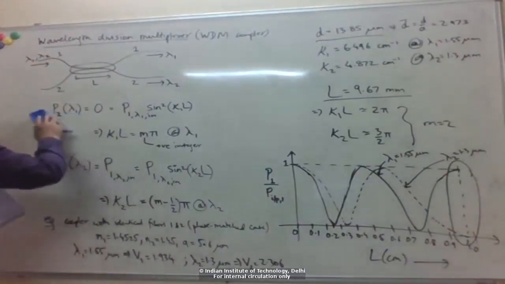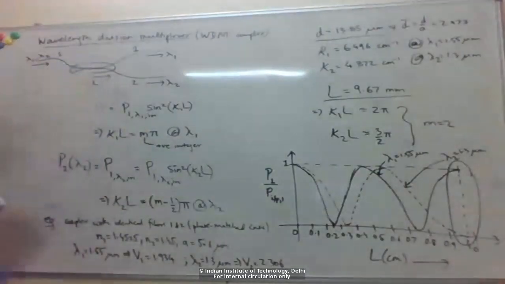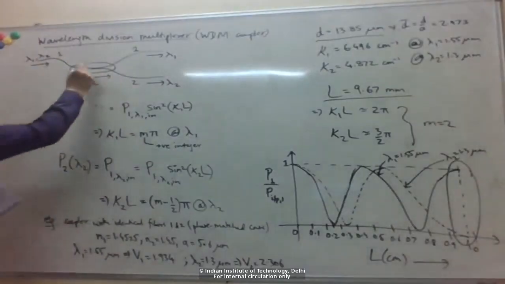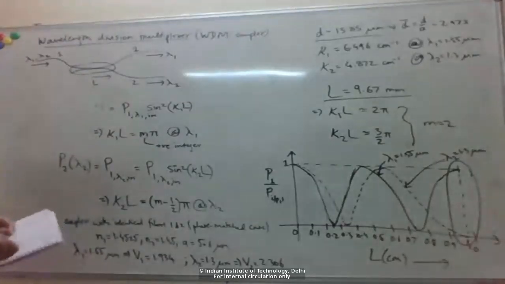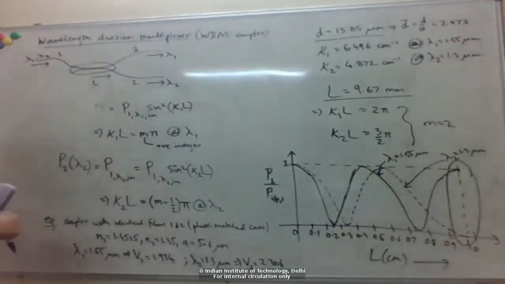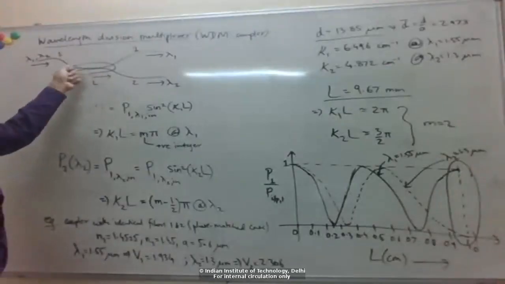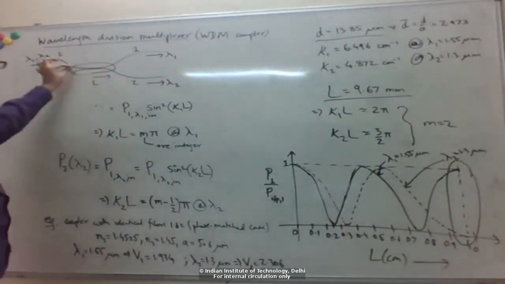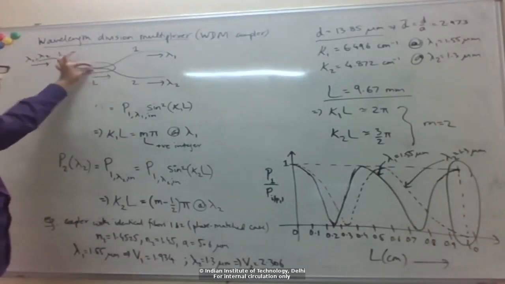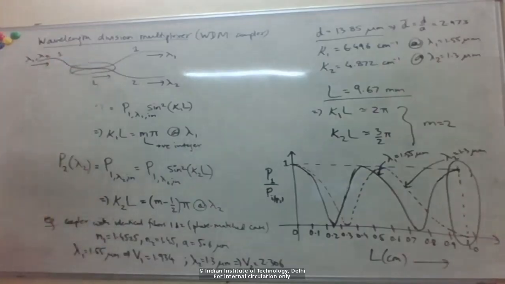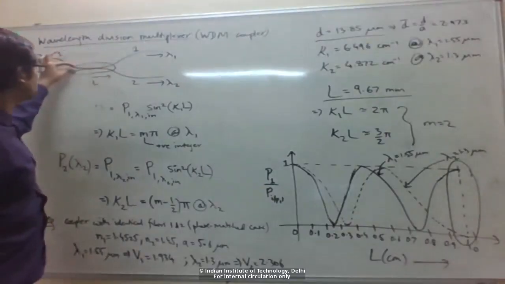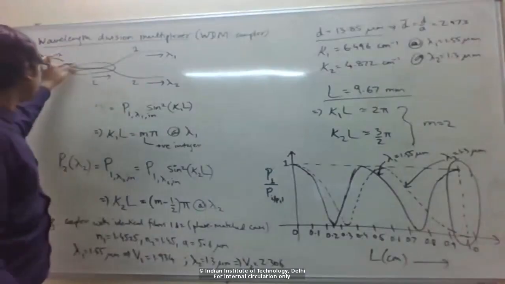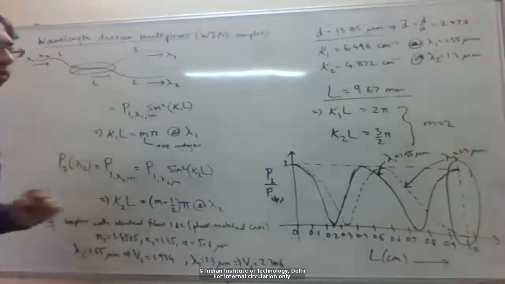You can do even more fancy things. Recall how this was made: these fibers were placed close together and then heated up, melted and fused together, right? While that process is being done, you can even tune it: you can pull one fiber, change the core size, or change the spacing as a function of length also. Those would be tapered couplers where, for example, the distance between the cores is a function of propagation distance, or the core size of one of the fibers is a function of propagation distance.